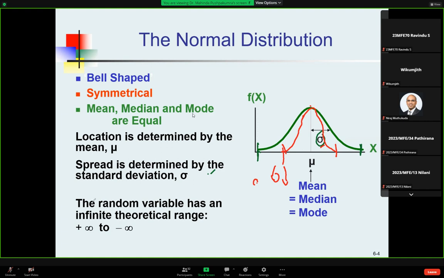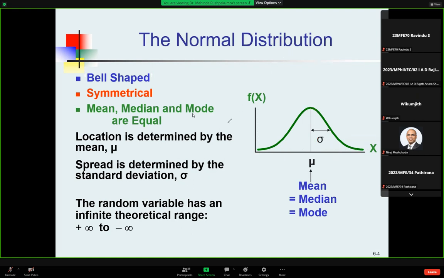Then the random variable has infinite theoretical range. That means the variable may have value from minus infinity to plus infinity. It may have any value between minus infinity to plus infinity.